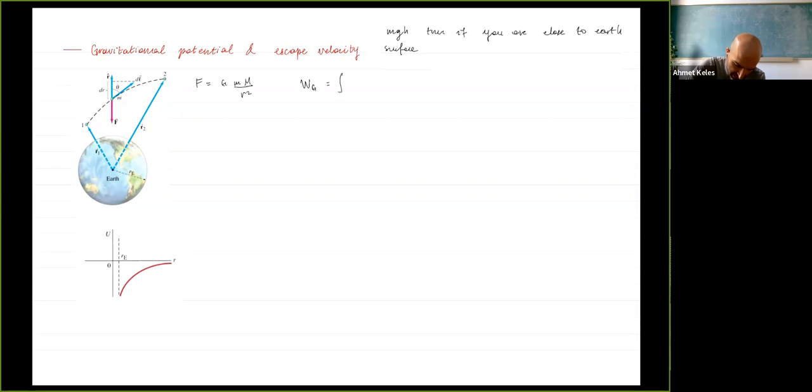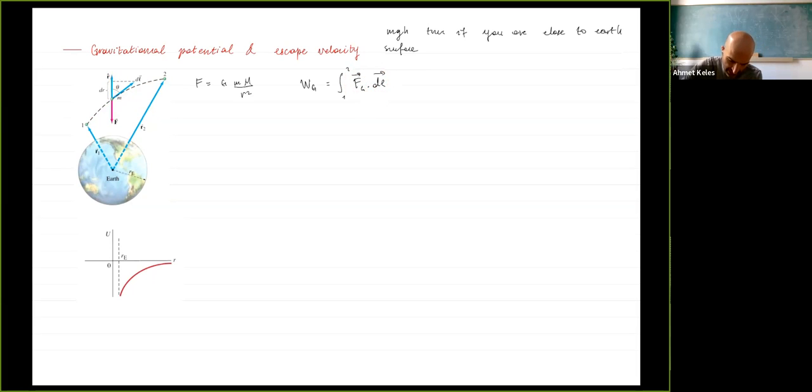And the definition is integral from 1 to 2 of Fg dot dl. And you can think of this picture: the object goes from point 1 to point 2, and gravitational force always acts towards the Earth, and there is some displacement dl. Okay, these are vectors. And when you take the dot product, you are going to project this dl along this direction. So this dl is going to be dr, and there's 1 over r squared here.